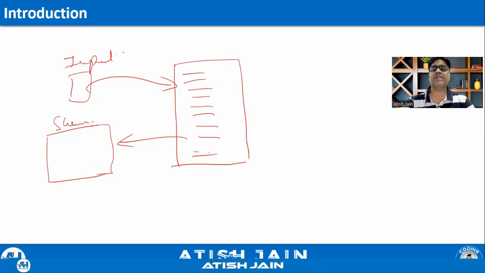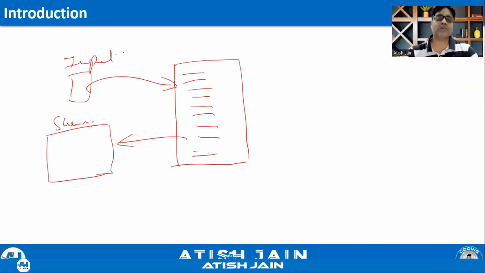But in this case, your data is not stored permanently anywhere. The data is not available for the future, or for tomorrow. If you want to store the data permanently and make it available for the future, you have to store that data inside a database in the form of files.